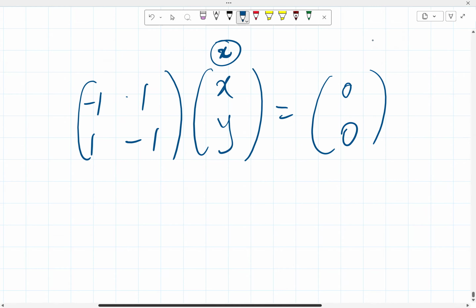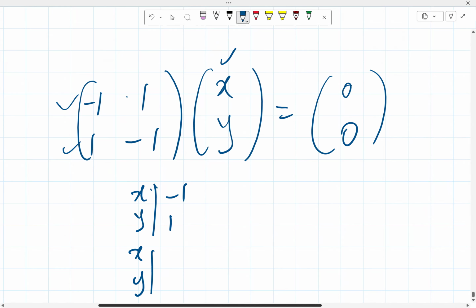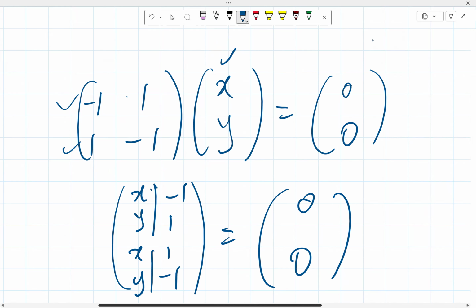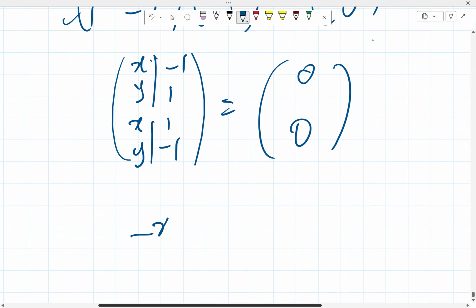So what you need to do is check the rows, two rows, then you write the columns twice because you have two rows. So write this twice. You have x, y, x, y. Then you have minus 1, 1, 1, minus 1. All this now will be 0 each. So that means you have minus x plus y equals 0.